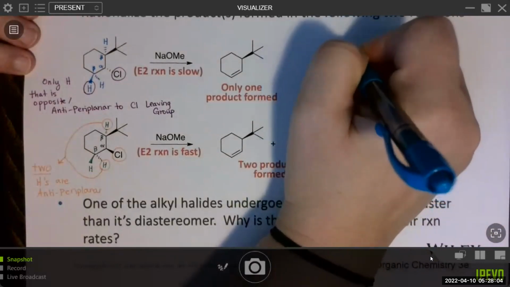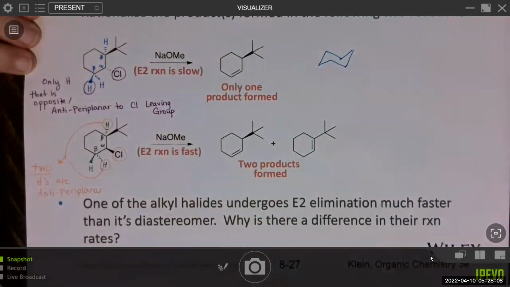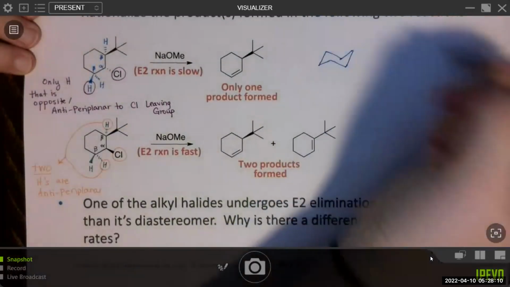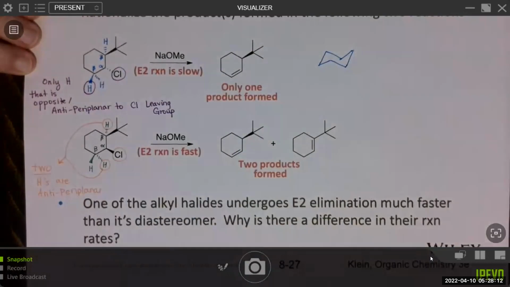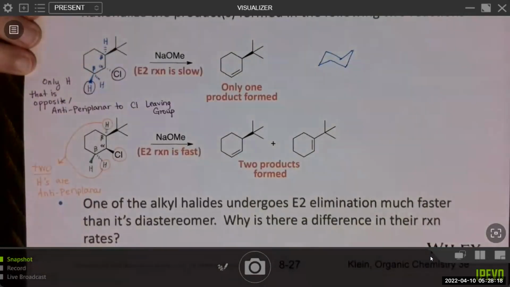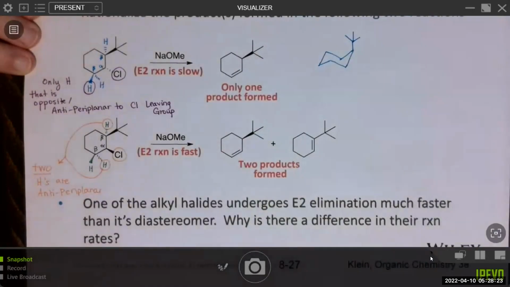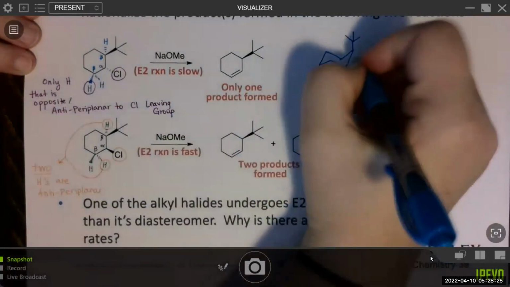We can draw one of the two chair conformations for this structure. You can do any one. It doesn't matter if the chlorine is axial or equatorial. I'm going to place the tert-butyl group up here, and then this chlorine will be down.